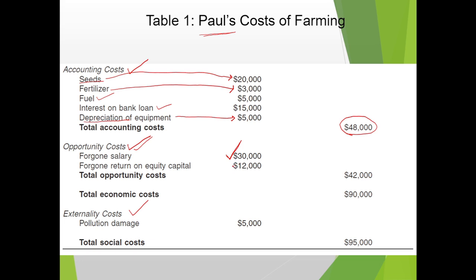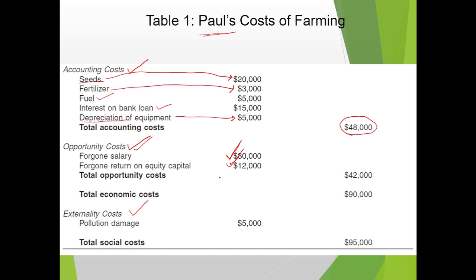And whatever money Paul is using for farming, if he was not performing farming, then that money could have been invested somewhere. So let's suppose that invested money gives him a return of $12,000.